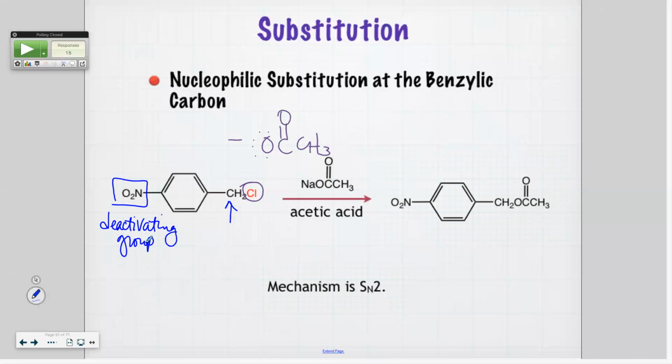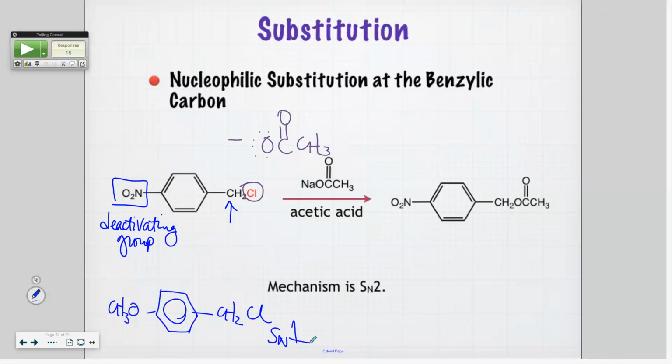If you had this compound instead, and you were doing the exact same reaction, what is this group? An activating group. It could very easily go through an SN1 mechanism and make that benzylic carbocation that would be stabilized by the benzene ring and the OCH3.